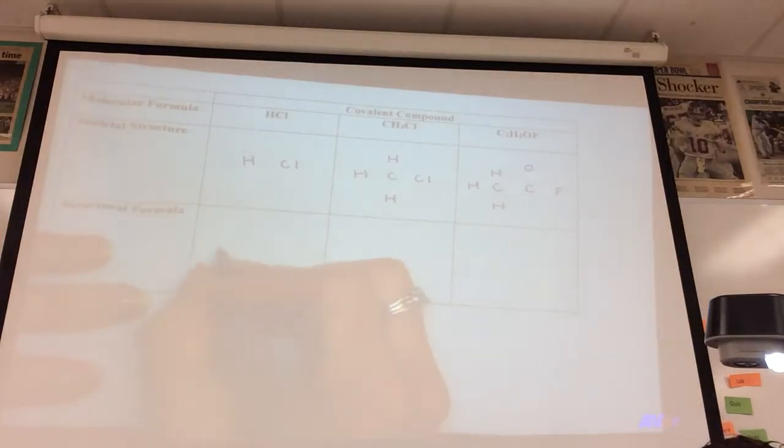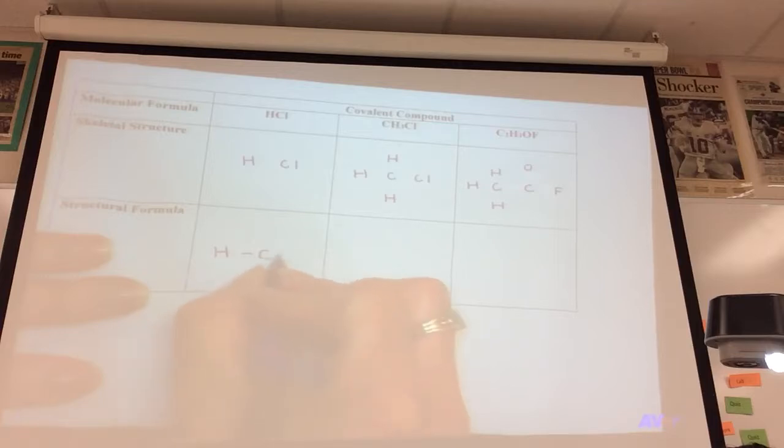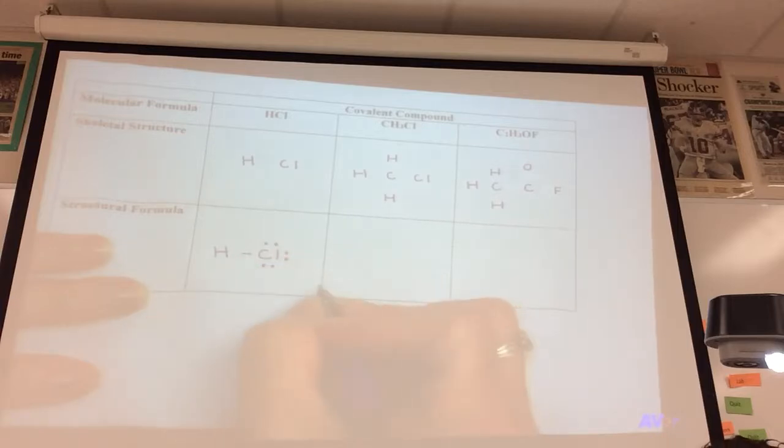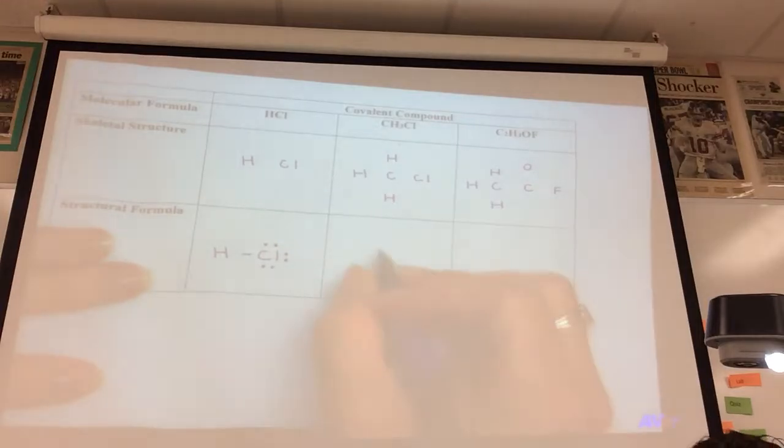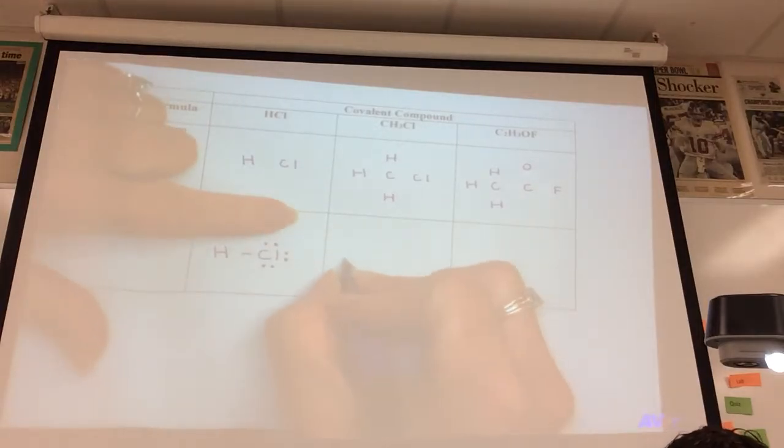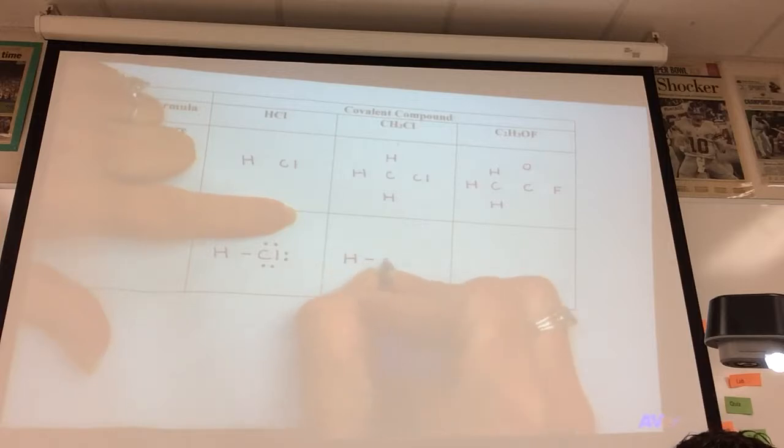The structural formula not only shows you the arrangement of atoms, but it shows how they're linked together. There's my single bond, as well as lone pairs of electrons on atoms. The structural formula shows you how the atoms are linked together, as well as lone pairs of electrons.